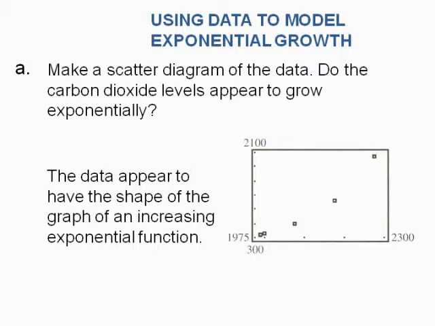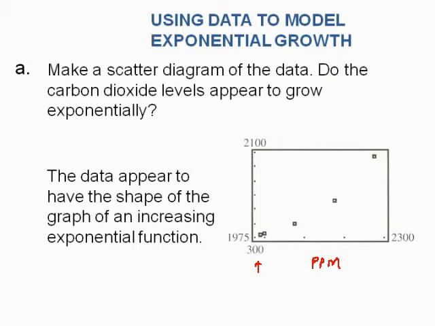Those of you heading towards statistics may be seeing something like this. It says, do the carbon dioxide levels appear to grow exponentially? Notice the x-axis down here starts at about 300. We used a graphing calculator, and I know not everyone has one.